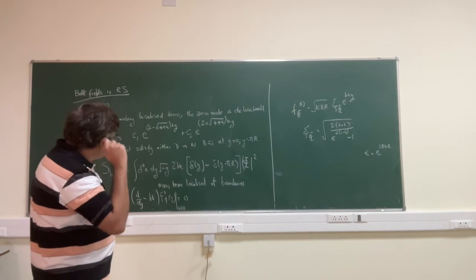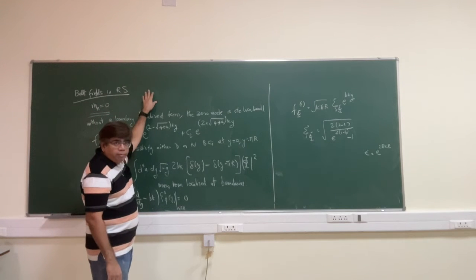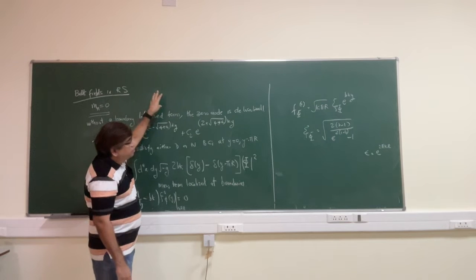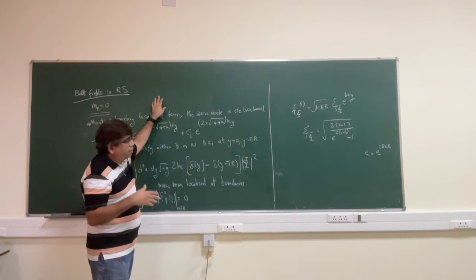To summarize, take a five-dimensional free scalar field with no interactions. Essentially it's like a Higgs. Higgs has interactions, but they're small.